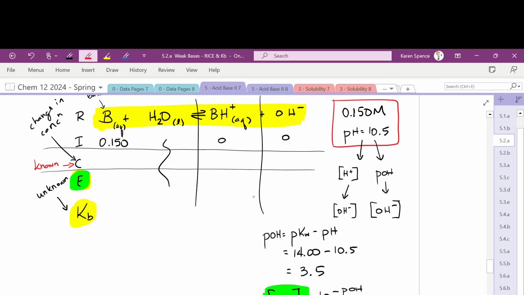So we have to fill in our 3.16 times 10 to the minus 4, which means that our change in concentration is how much? Plus 3.16 times 10 to the minus 4, and for the base, minus 3.16 times 10 to the minus 4.